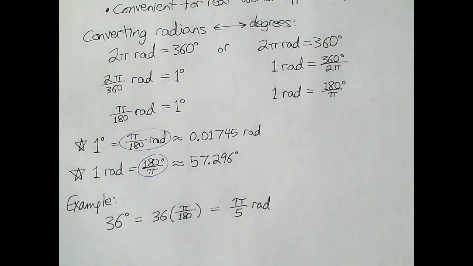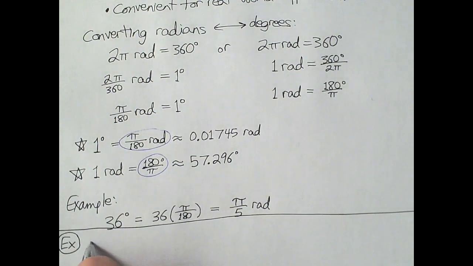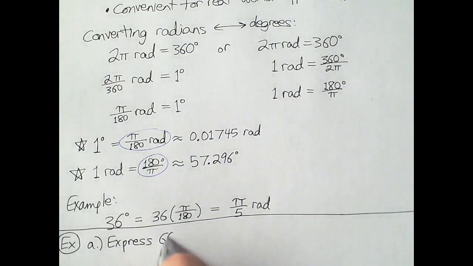I'll give you a problem to try. How about this? There's going to be 2 parts to this problem, and I'll do the first part, and then I'll ask you to try the second part. Sounds fair? All right, so example. I'll write both parts first. Express 60 degrees in radians.